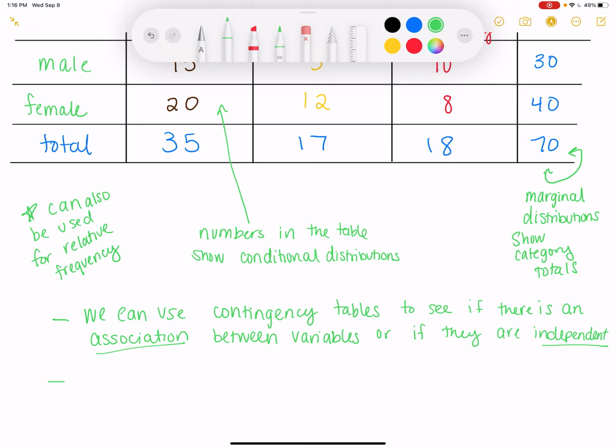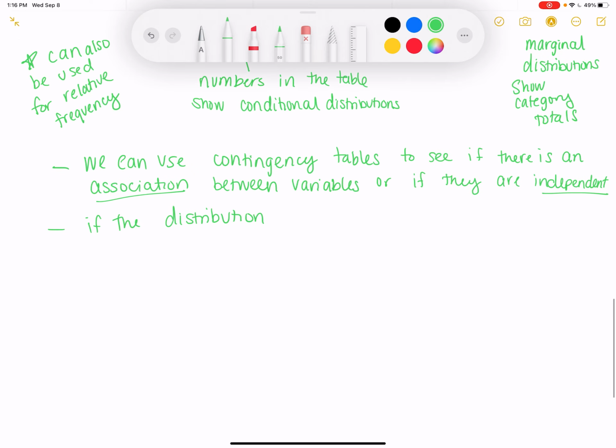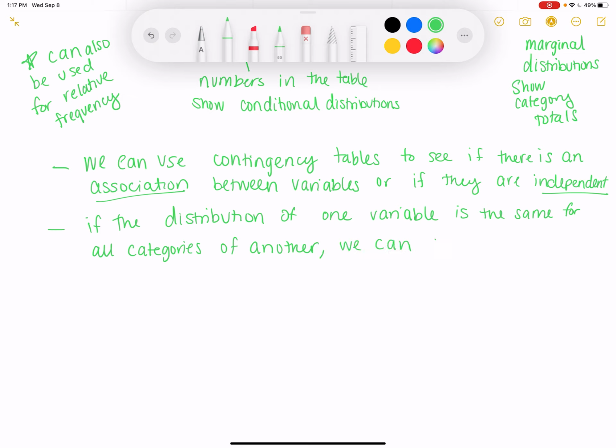So to tie into that, if the distribution of one variable is the same for all categories of another, we can say the variables are independent.